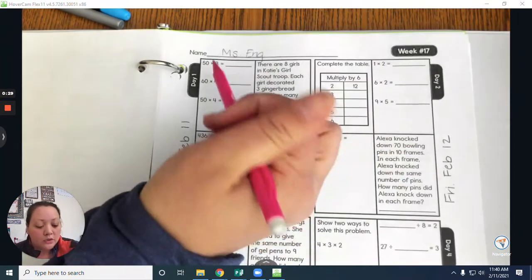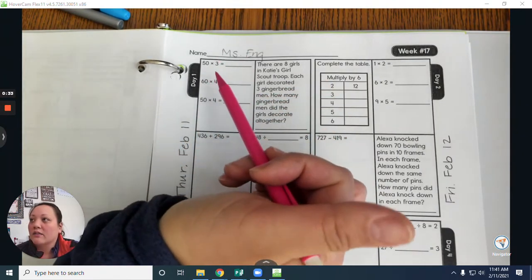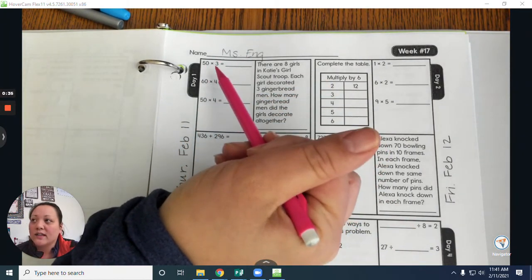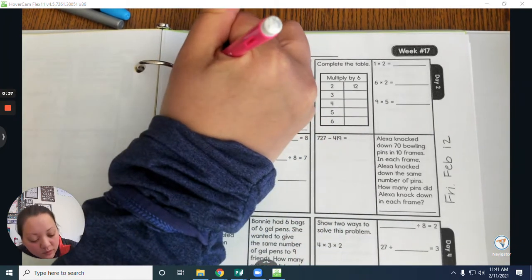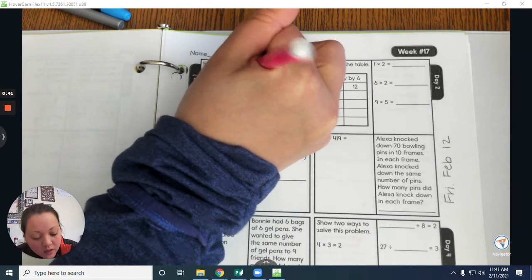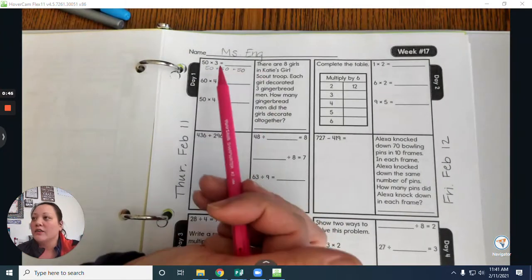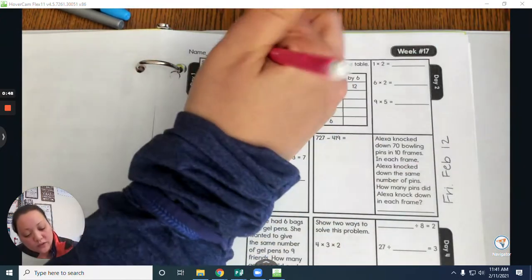So let's get started. Remember, if it ends in a 0, then we could do 50 times 3. So 3 groups of 50 would be like 50 plus 50 plus 50, because remember, multiplication is just repeat addition. So 50 plus 50 plus 50 is 150.